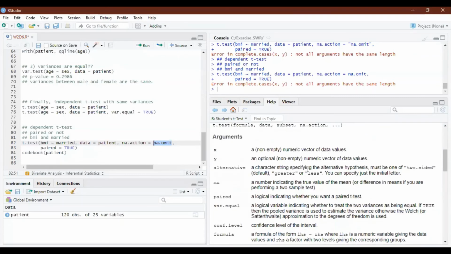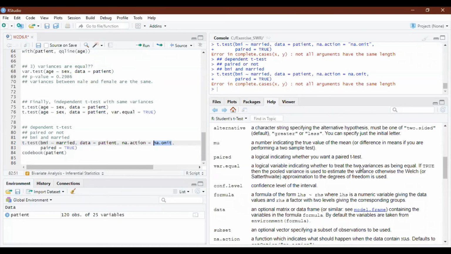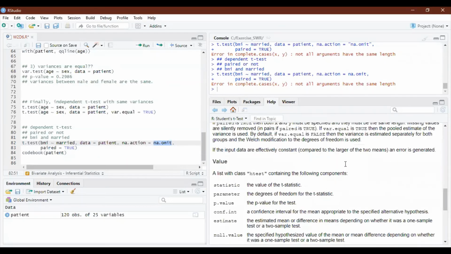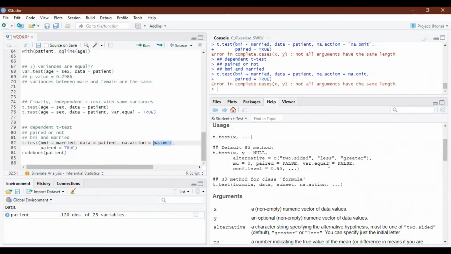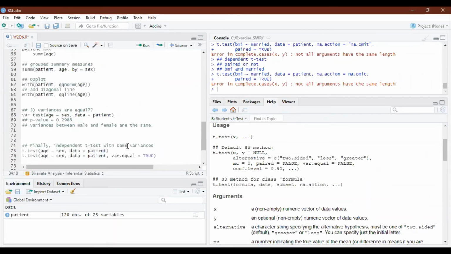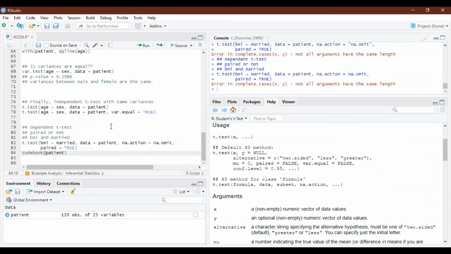Okay, sorry for that. Logical, this is true. Cognitive. Any idea?